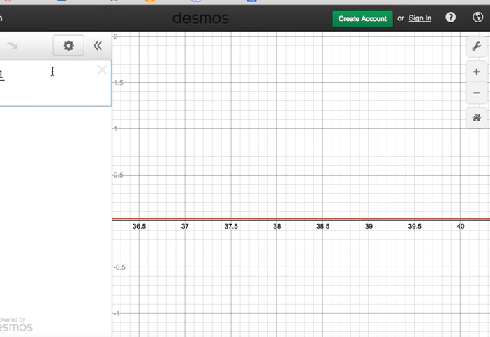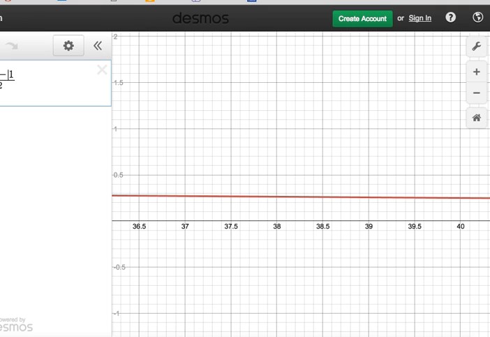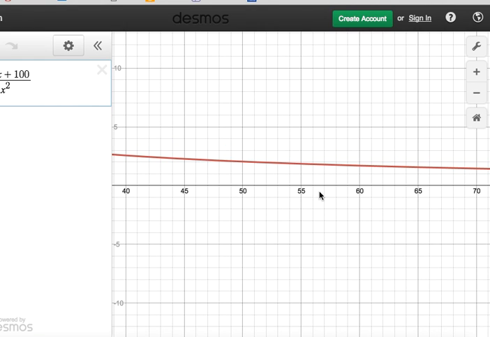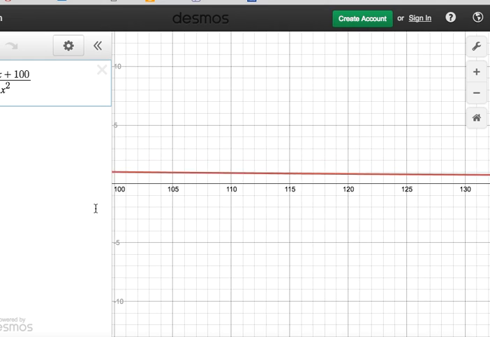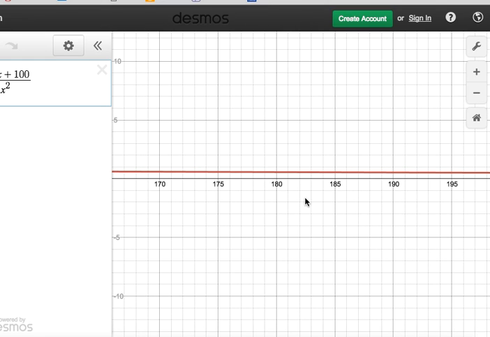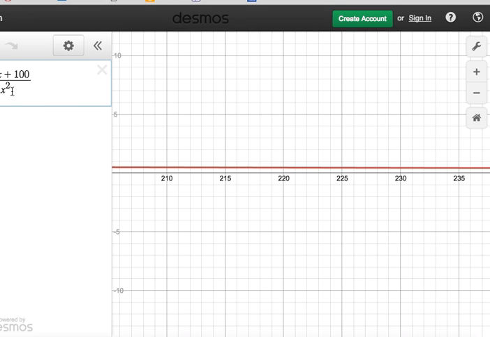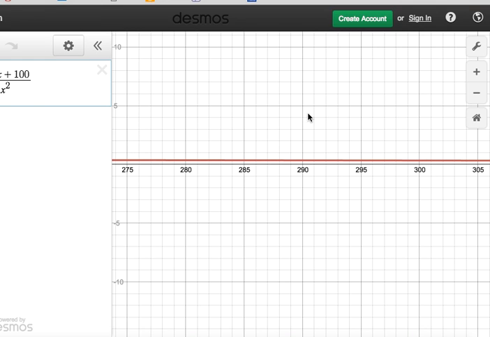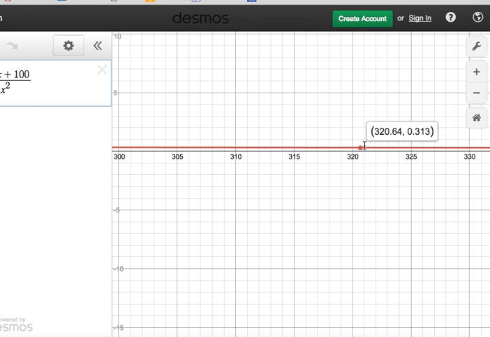It even increases more quickly than 10x plus 100, or 100x plus 100. So if I go far enough out, eventually the numbers in the denominator are much bigger than the numbers in the numerator. So since the denominator is much bigger, the y values are going to 0, right?